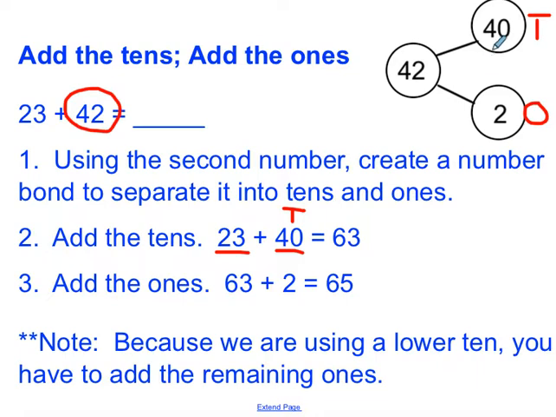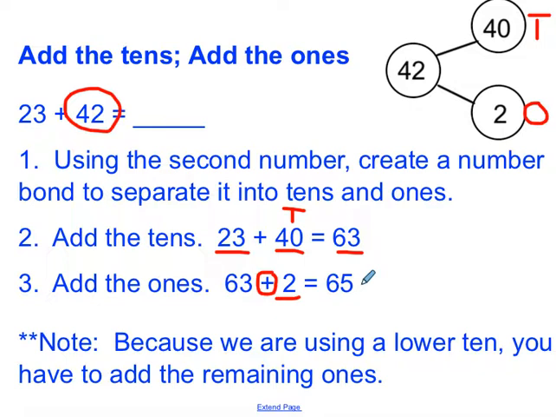Since 40 was a lower number than the original 42, now we have to add the remaining ones. So we take our answer, and for our second round of addition, we add the 2 from the second part of our number bond. 63 plus 2 equals 65.